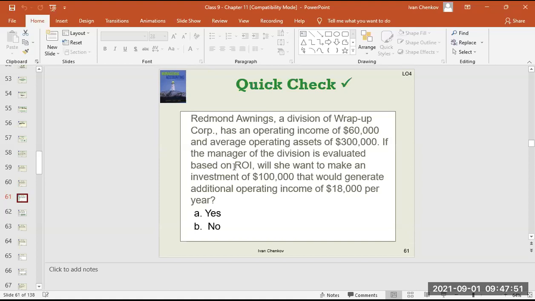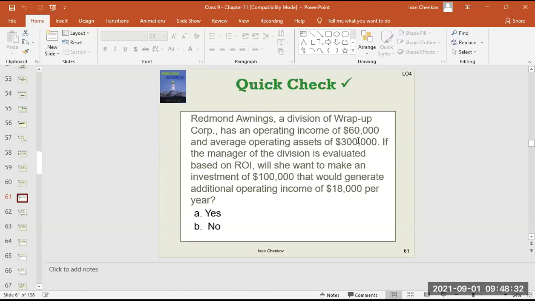Is she going to make this investment or not? You're investing 100,000, you're getting 18,000. What's the return on investment? 18%. Currently, your return on investment is 20%. So are you going to invest?